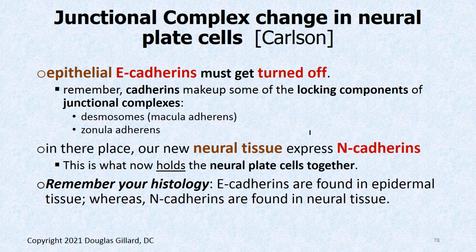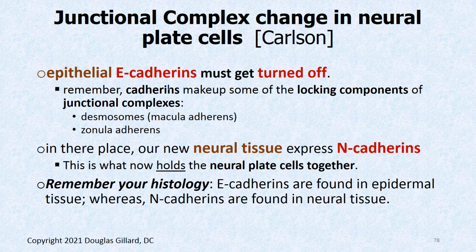Little histology: to create a neuroectoderm cell, you can't have the cadherins, the E-cadherins. We talked about cadherins in the junctions between cells, like the desmosomes, tight junctions, things like that, all made of cadherins. Specifically, they're made of E-cadherins.